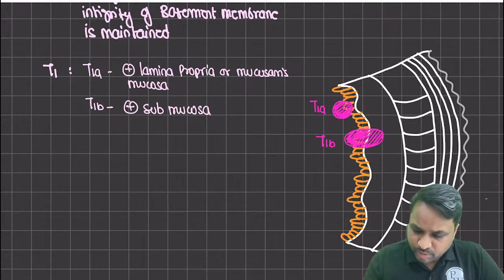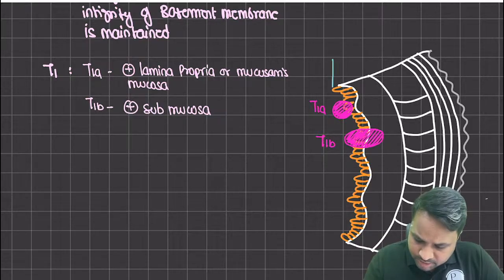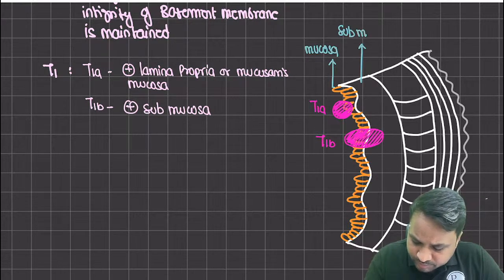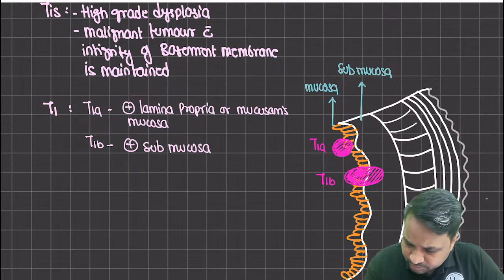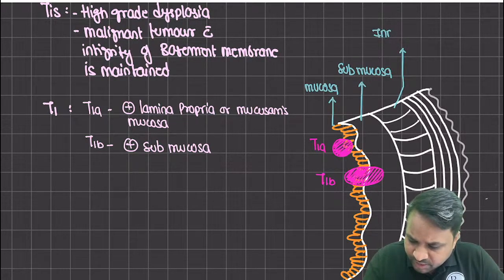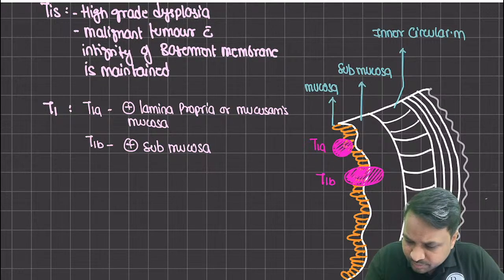Now, for those who are not able to comprehend, I'll quickly label them. This is the mucosa. This happens to be the submucosa. This is the inner circular muscle.